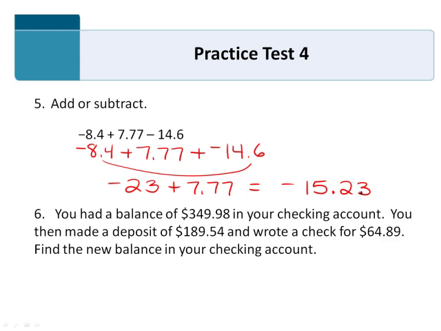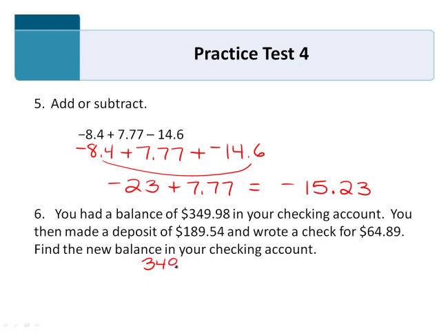Number 6. You had a balance of $349.98 in your checking account. You then made a deposit of $189.54 and wrote a check for $64.89. Find the new balance in your checking account. All right, so we started out with $349.98. If you make a deposit, that's addition, right? You're adding it into your account.